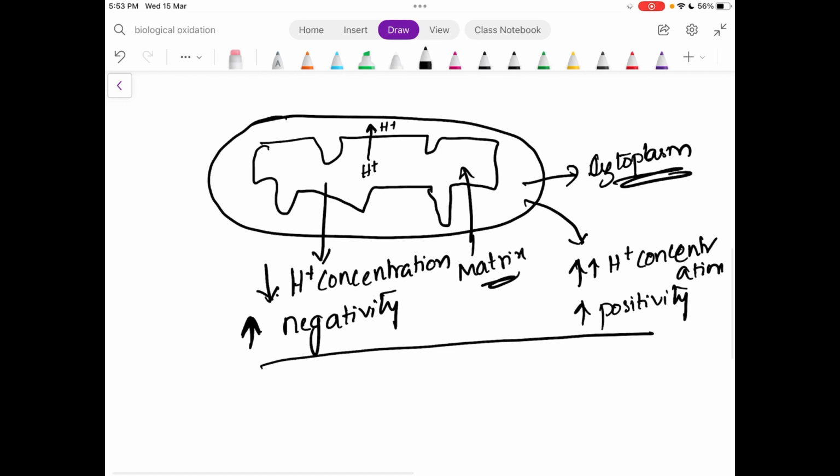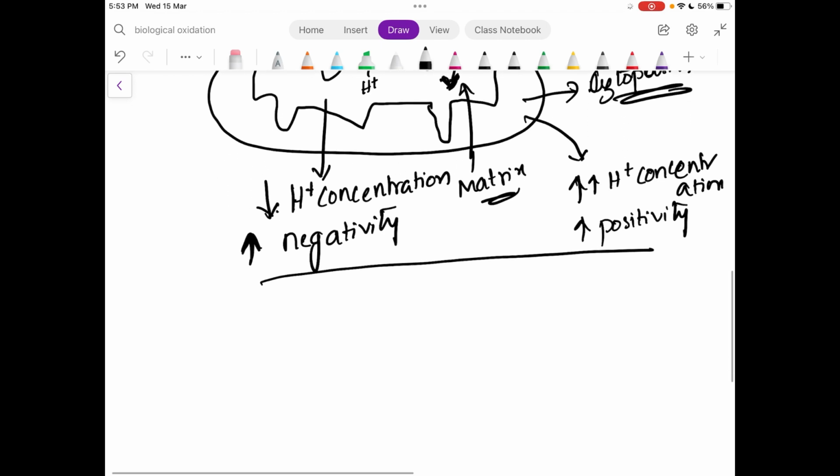Now these protons which are transported from the matrix to the cytoplasmic side have to be transported back into the matrix. During this flow of protons back into the matrix, ATP is synthesized.